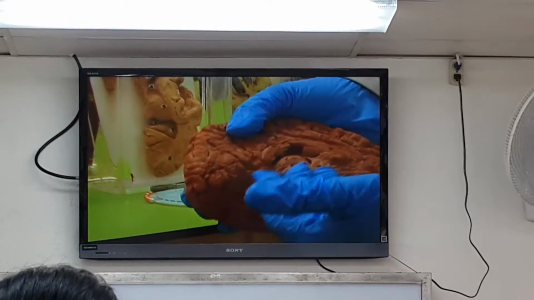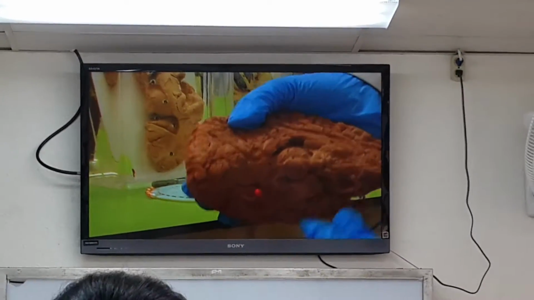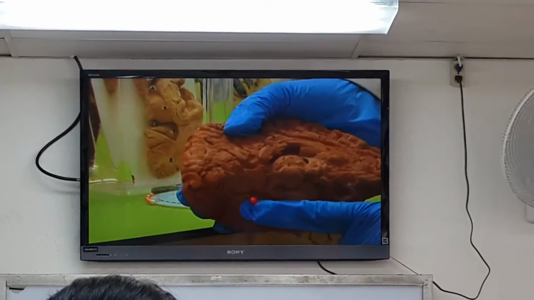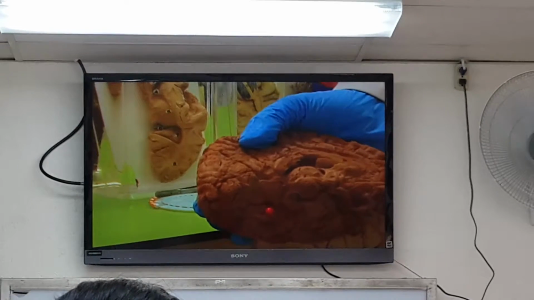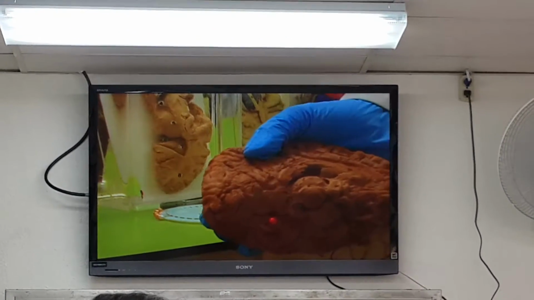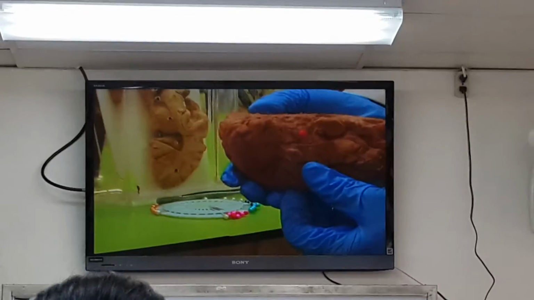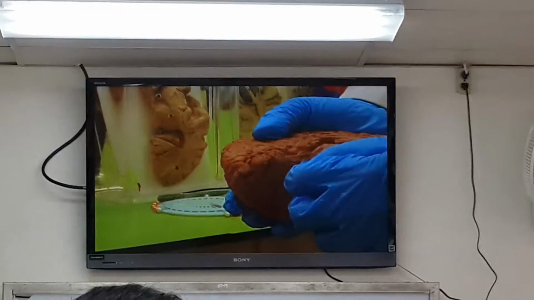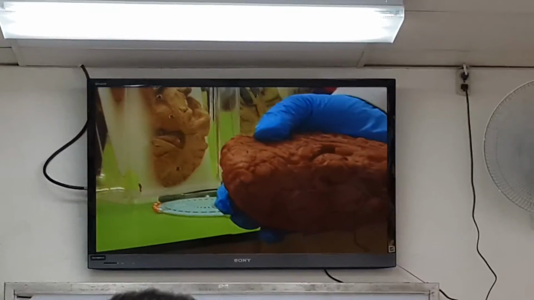It makes an impression, a bulging, on the inferior horn of the lateral ventricle, which is in the temporal lobe. The bulging is called the collateral eminence. So it creates the collateral eminence. That's about the gyri and sulci on the three different surfaces.